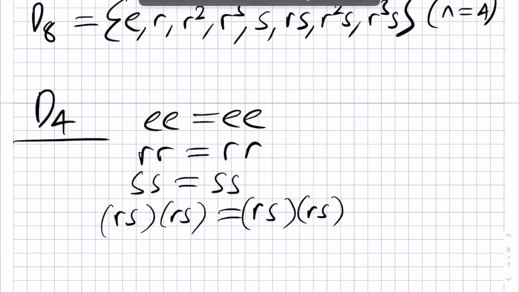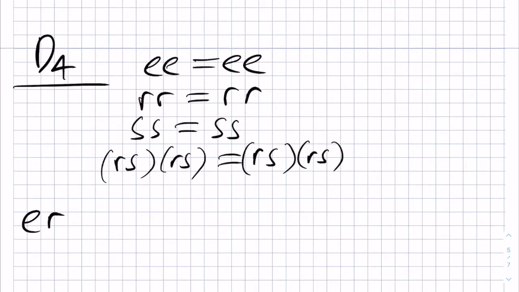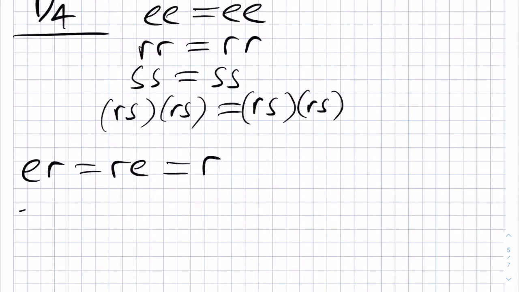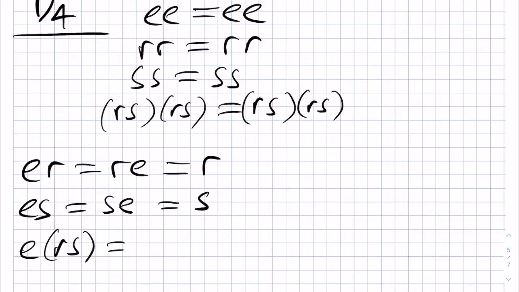Now, if we consider distinct elements, we notice that anything will automatically work with the identity by definition, because er is the same as re because it's just r. Next we have es is the same as se because they're both s, and e with rs is the same as rs with e, which is just rs.